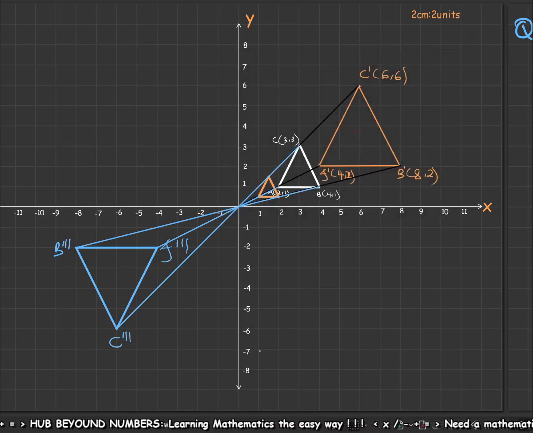And this was actually 2, whilst this was a negative 2, right? So that is it on enlargement.